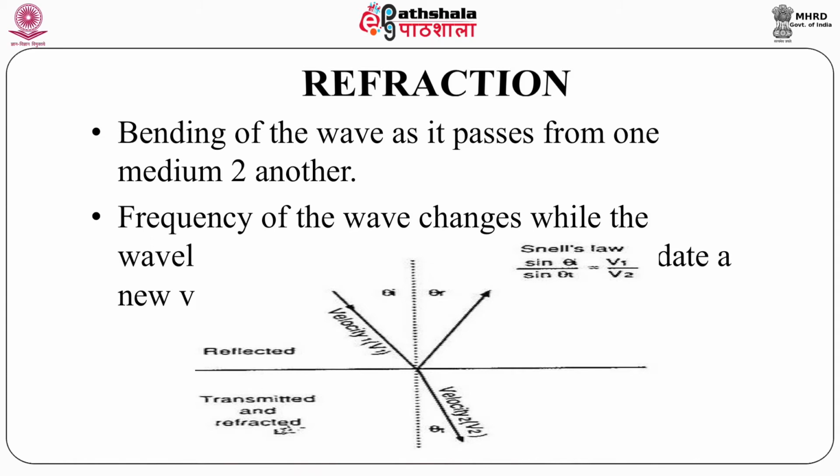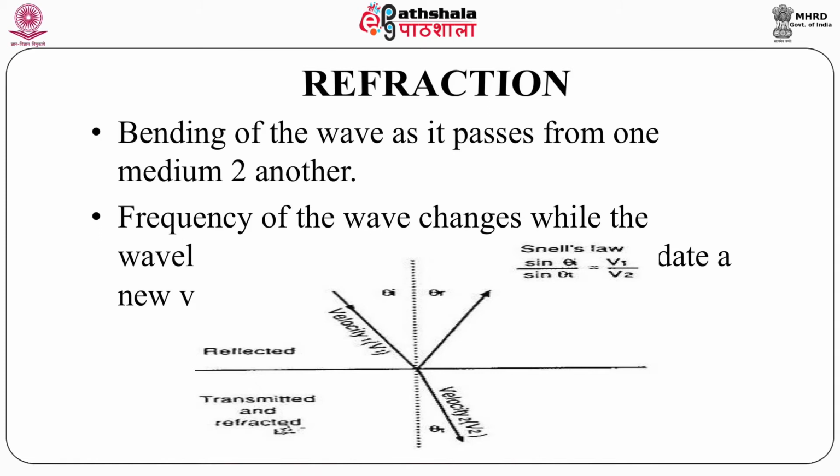Next is refraction. This is the bending of waves as they pass from one medium to another, as shown in the figure. You can see here that a percentage of the wave is refracted. It deviates from its original path.